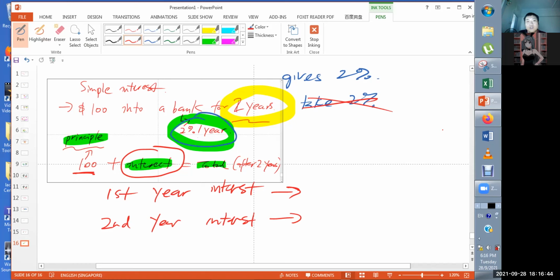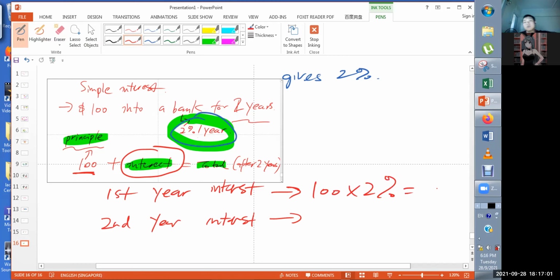That's not called interest. That one is called loan. So in this case, we are not talking about take. We are talking about give. So if you give 2% a year, that means 2% of your $100.